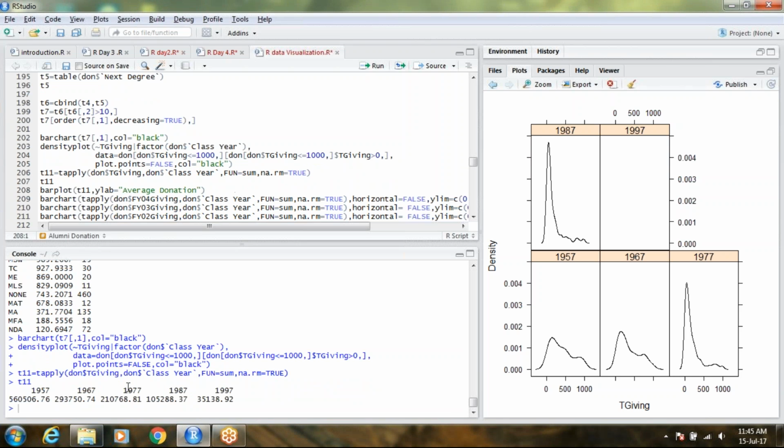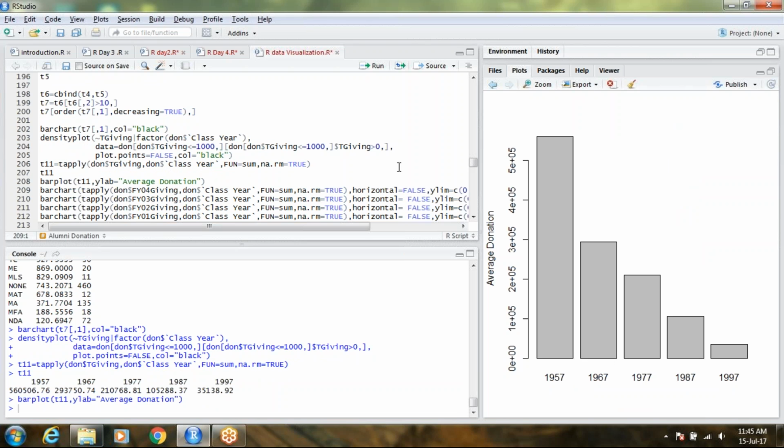So this is the sum of all the donations that have been provided by the alumni of the respective years. This is for 57, 67, and as you can see, 97 is the least, only counting to 35,000. Let's make a bar plot of it and understand.